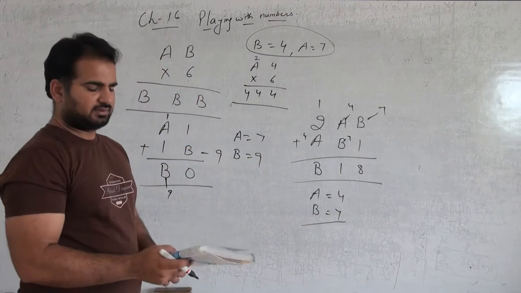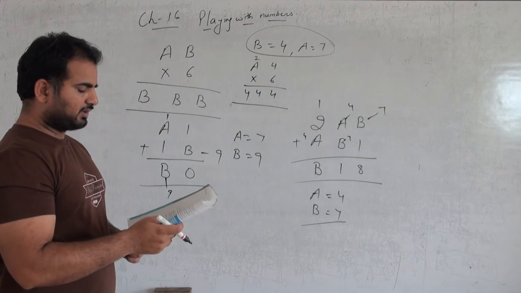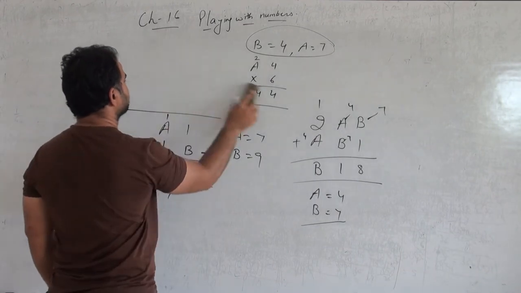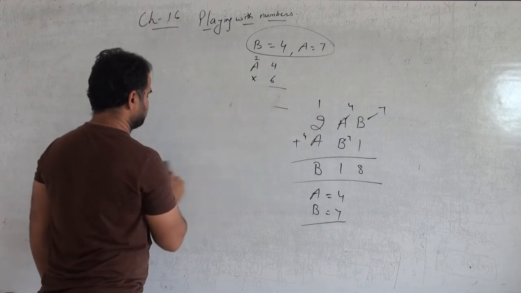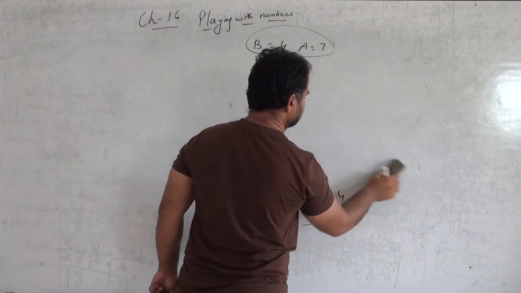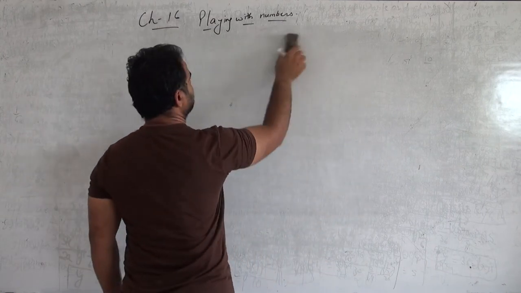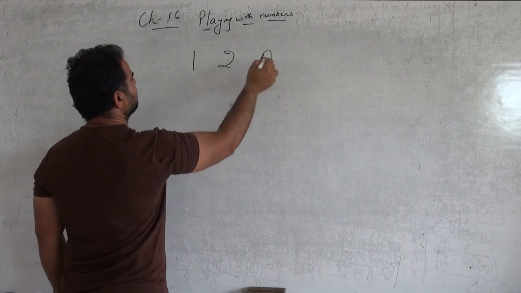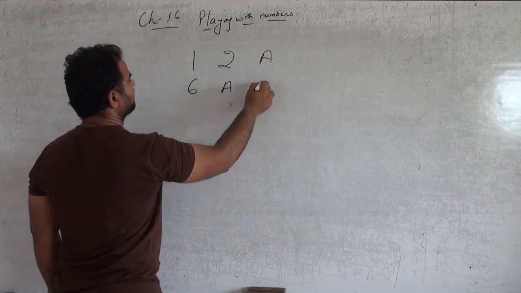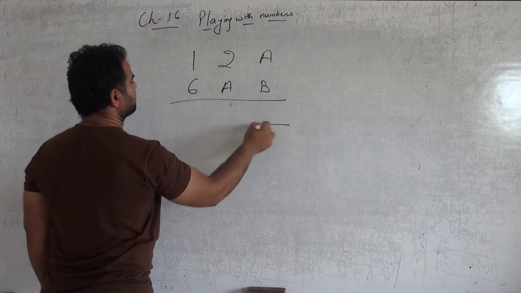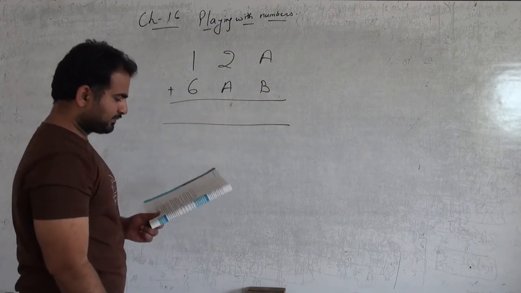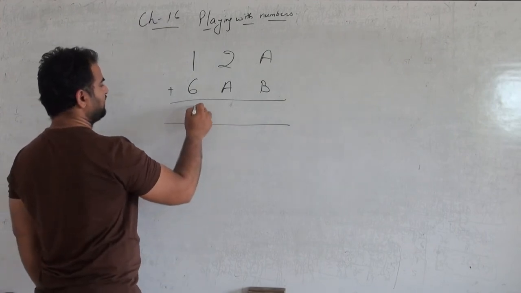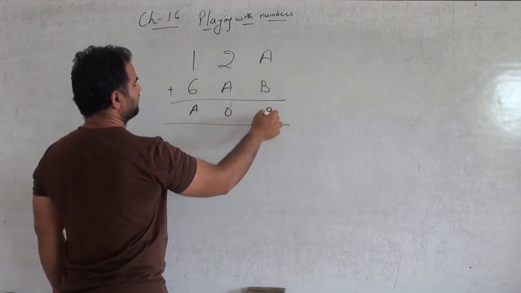Okay. Next is the last one: 12A plus 6AB plus 12A gives A09.